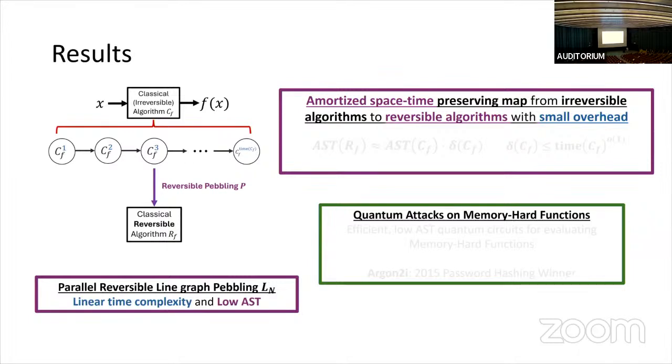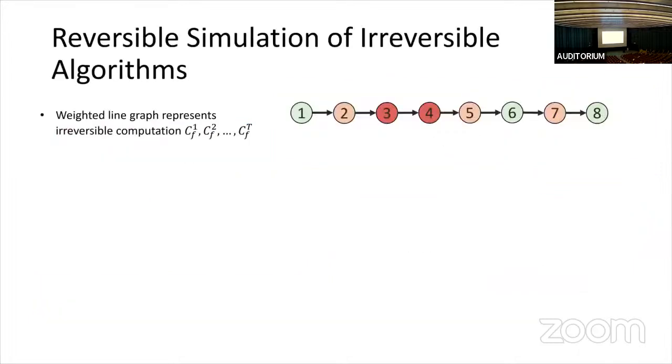Well, what can we do with it? So on its own, this pebbling does not preserve amortized space-time complexity. That's because each node has a different amount of space associated with it. So what we can do is take our line graph again for the runtime of C, and then we can assign weights to each node corresponding to the space usage at that time step.